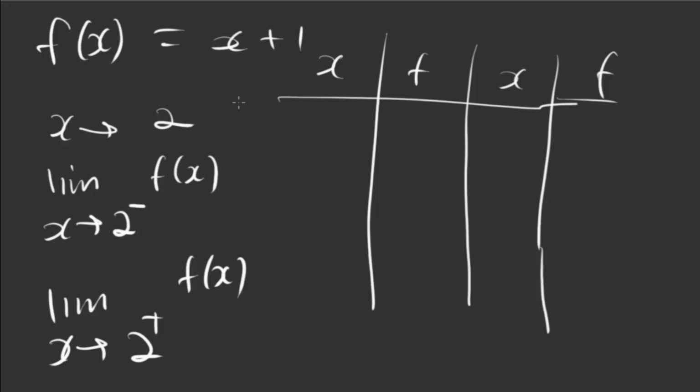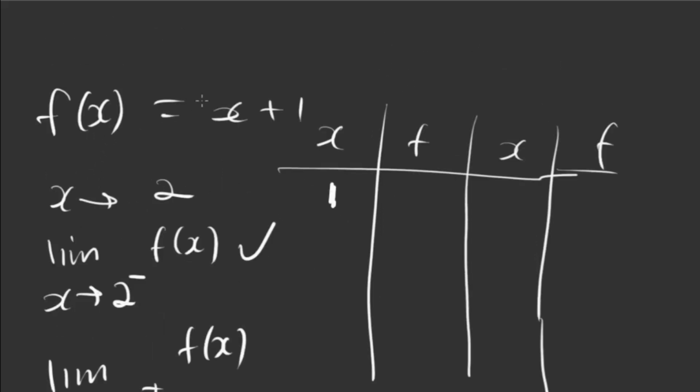Let's start with the left. When x is 1, we want to go to 2. You find f of x: f of 1 is equal to 1 plus 1, which is 2.